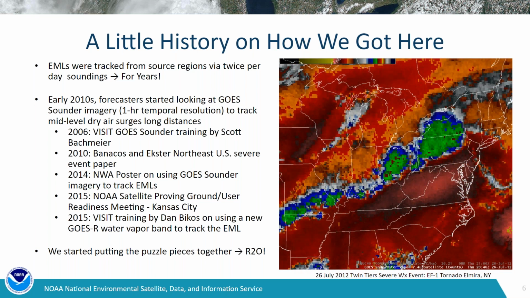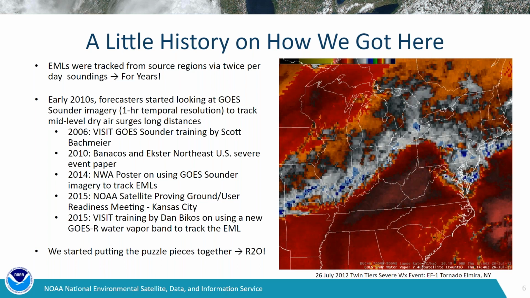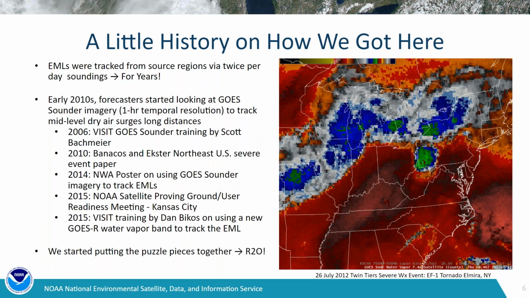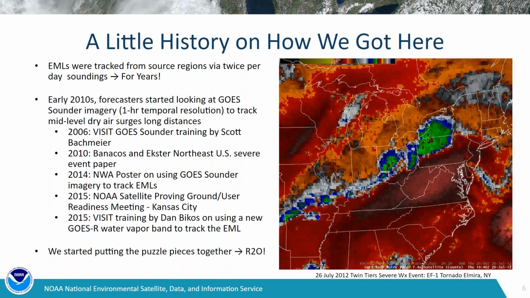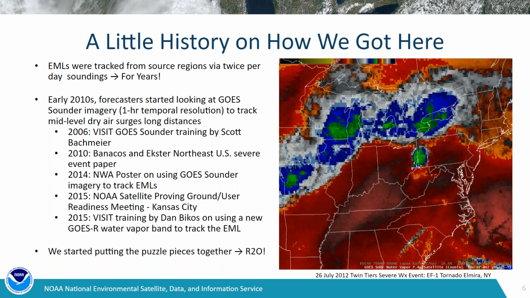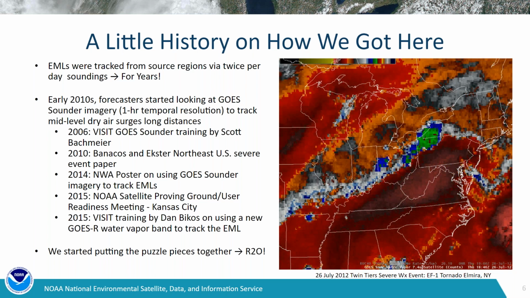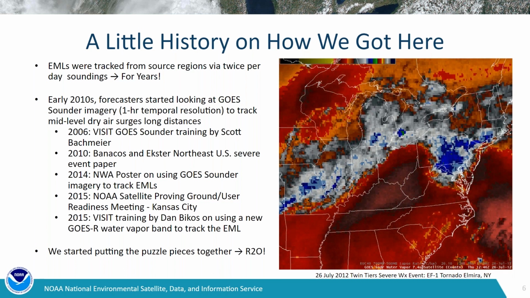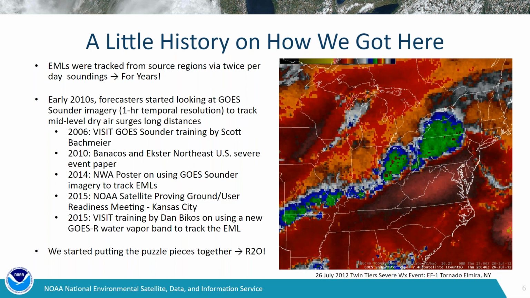Then in 2010, Pete Banacos and Mike Ekster from the Burlington and Taunton offices released a Northeastern U.S. severe weather paper, and I was hooked from that point forward, looking at elevated mixed layers and tracking them. We continued to gain more and more understanding. In 2014, I presented a poster on using the GOES sounder to track elevated mixed layers at NWA.